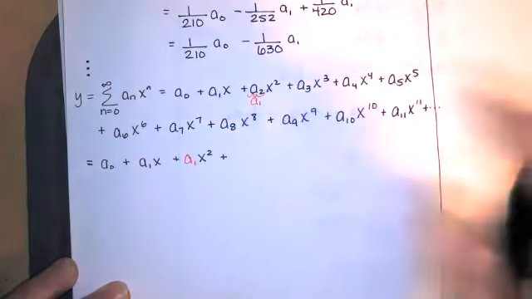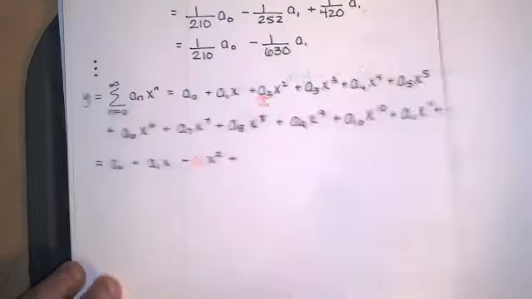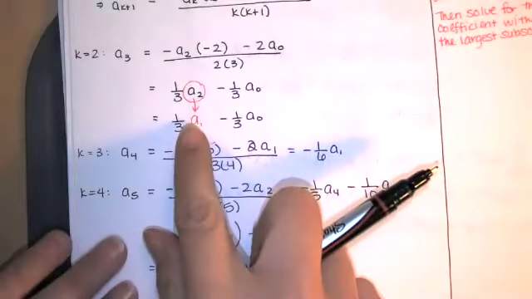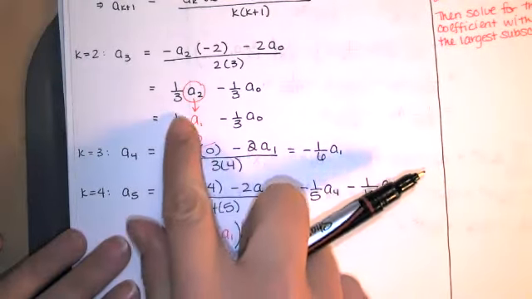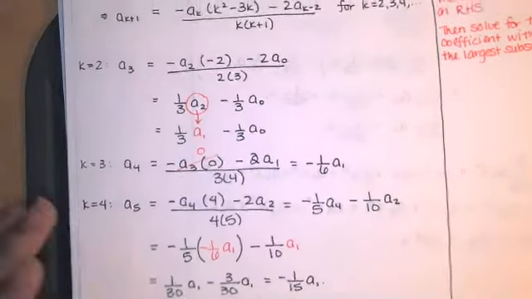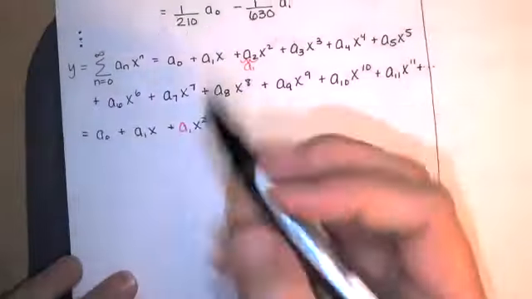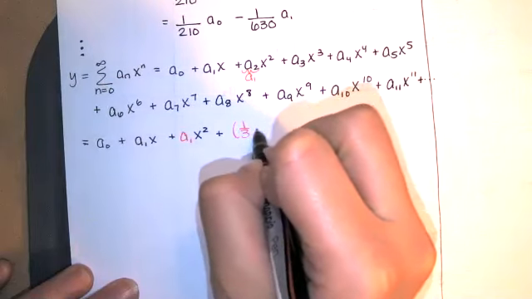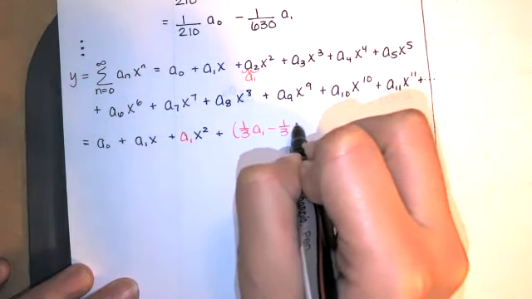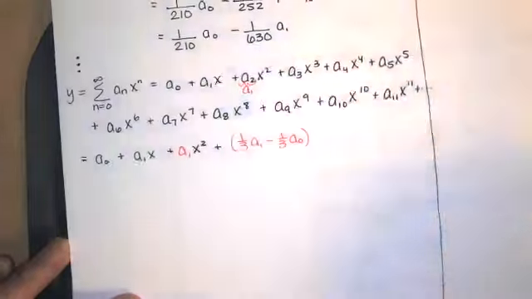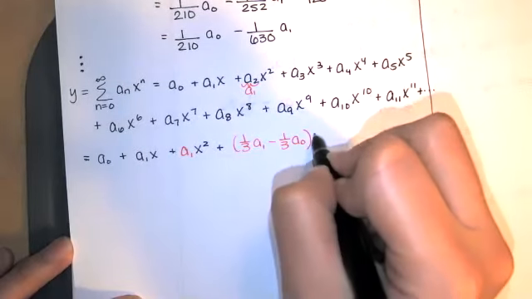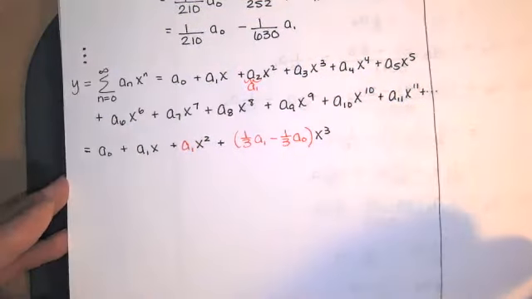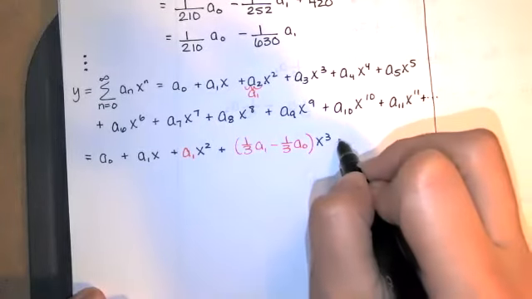And then a sub 3 turned out to be this expression, 1/3 of a sub 1 minus 1/3 of a sub 0. That's a sub 3, and we're multiplying a sub 3 by x cubed. Okay, then we want a sub 4.